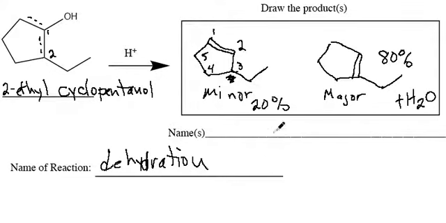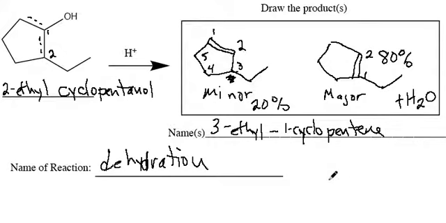So this would be 3-ethyl 1-cyclopentene. And this would be 1, 2. So this would be 1-ethyl 1-cyclopentene.